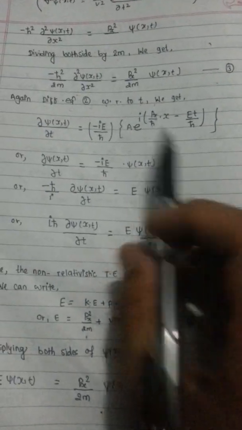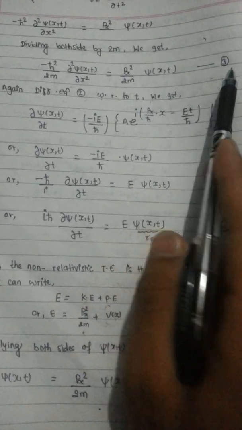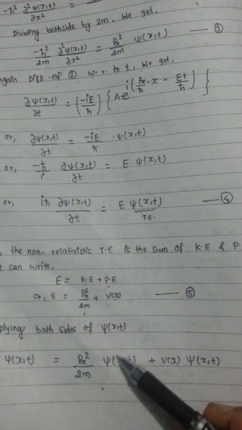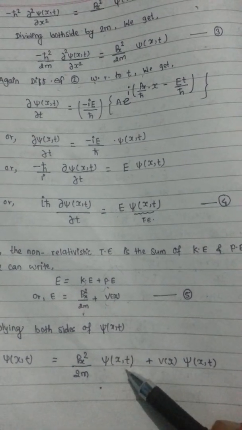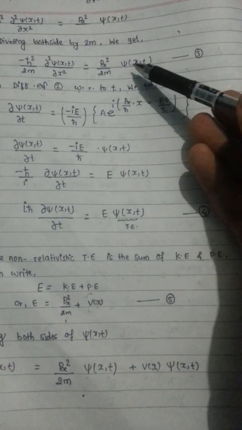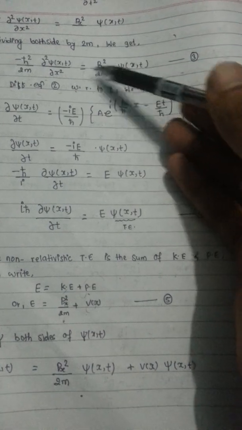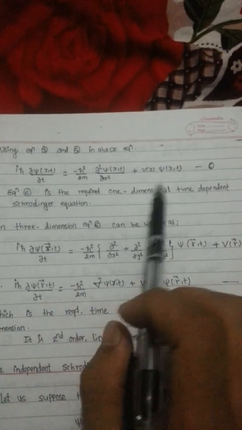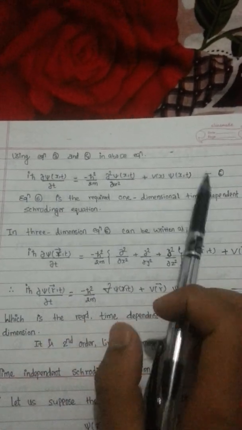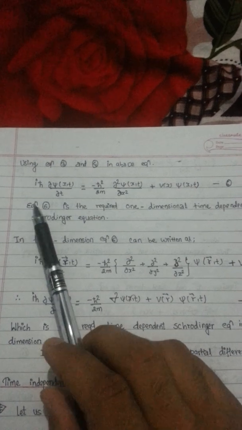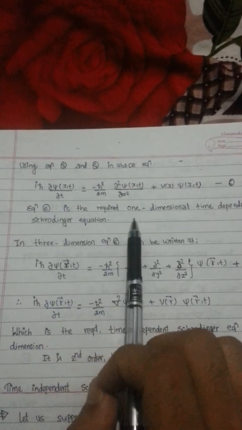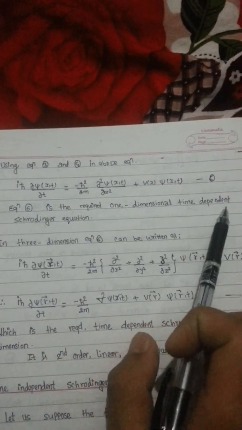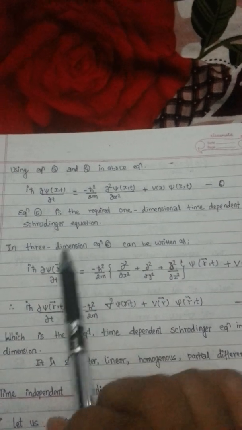And we use equation 3 for p_x square by 2m psi of x comma t. So we put these values from here in the equation here, and we get equation 6. So equation 6 is the required one-dimensional time dependent Schrodinger equation.